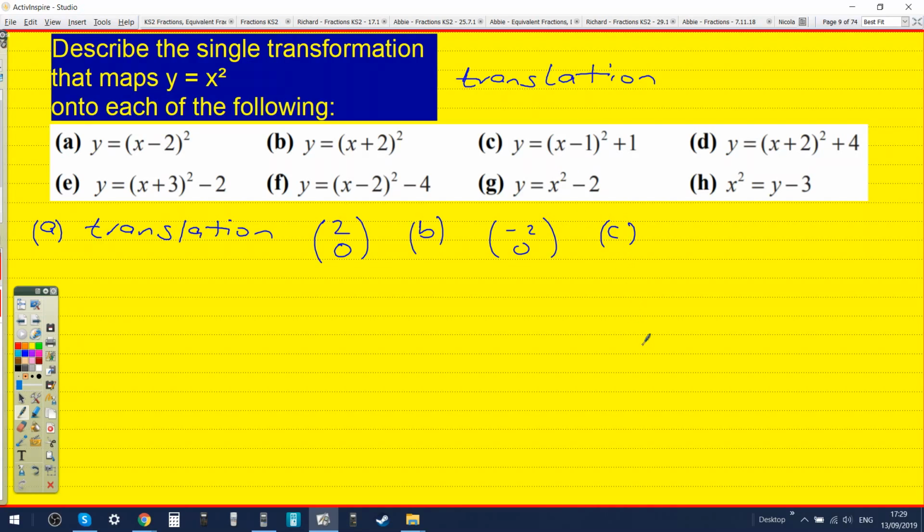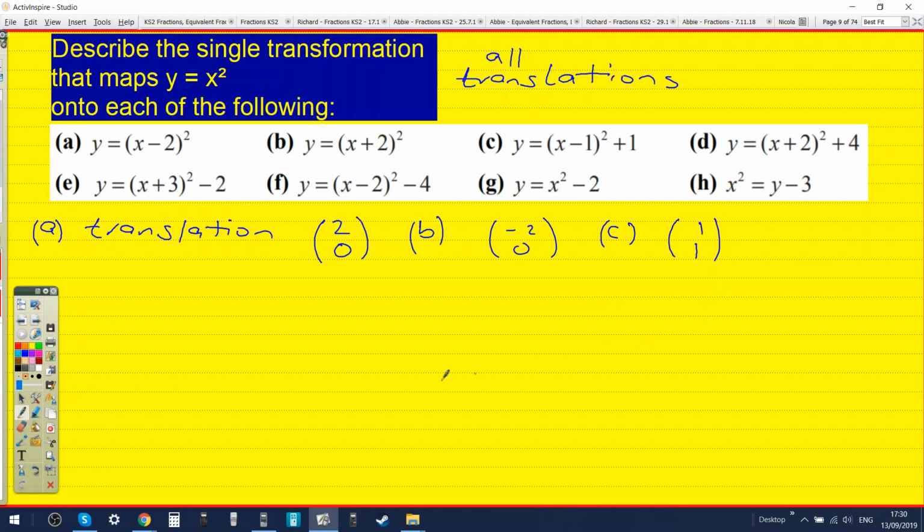Okay. Part C. So y moves 1 place to the right, and so 1, and then y moves 1 place upwards, I'd say.